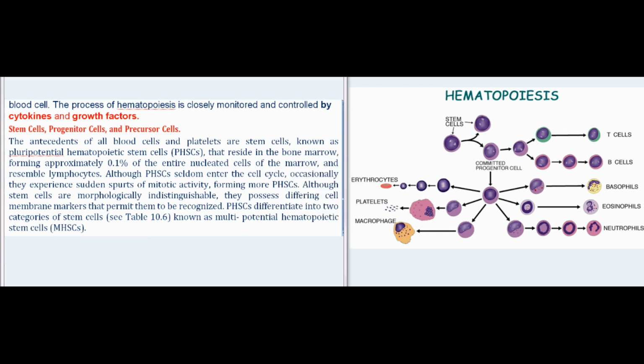The process of hematopoiesis is closely monitored and controlled by cytokines and growth factors. Stem cells, progenitor cells, and precursor cells. The antecedents of all blood cells and platelets are stem cells, known as pluripotential hematopoietic stem cells, PHSCs, that reside in the bone marrow, forming approximately 0.1% of the entire nucleated cells of the marrow, and resemble lymphocytes.